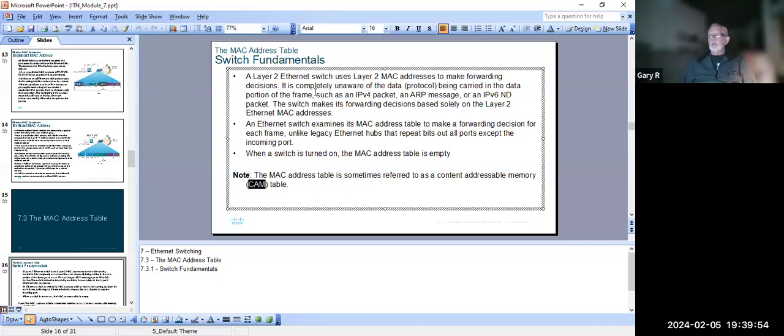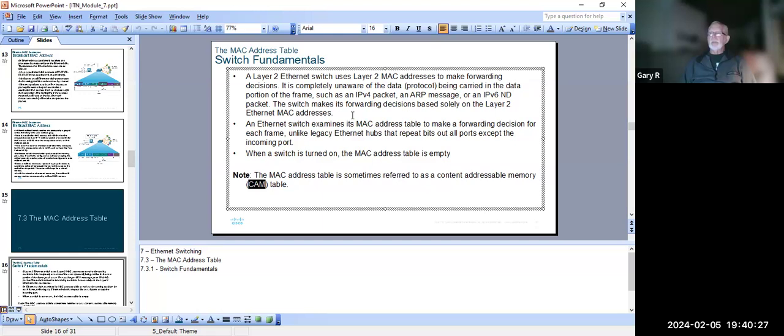So the switch keeps that information in a table, and when a frame comes in, it looks at the destination MAC address, and it looks that up in its table. And if it knows about that MAC address, in other words, it has an association in its table between that MAC address and a port, it will send that frame only out that port. However, if it doesn't know about the MAC address, it's called an unknown address.